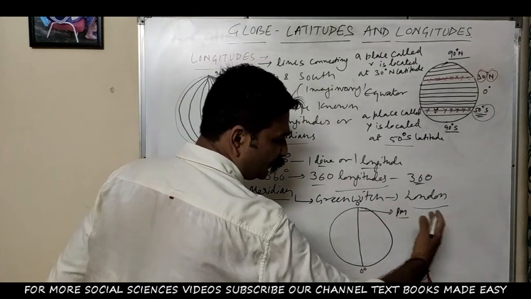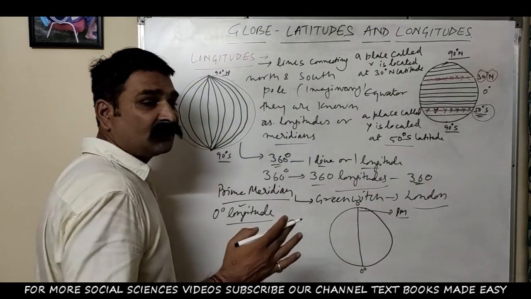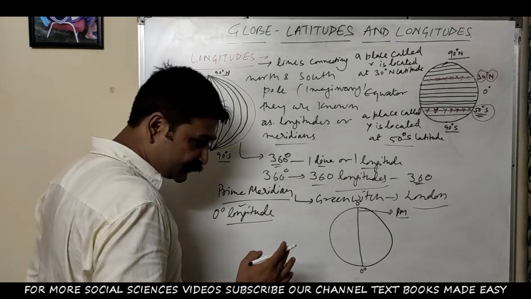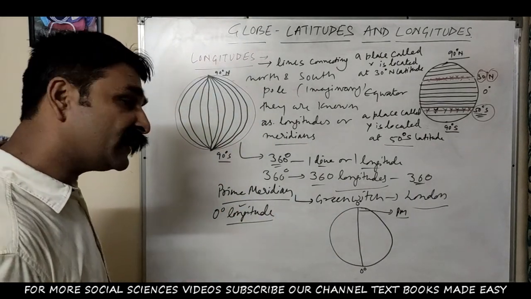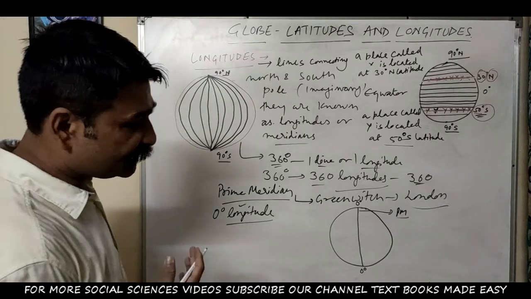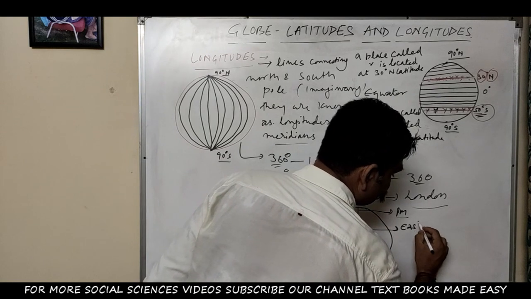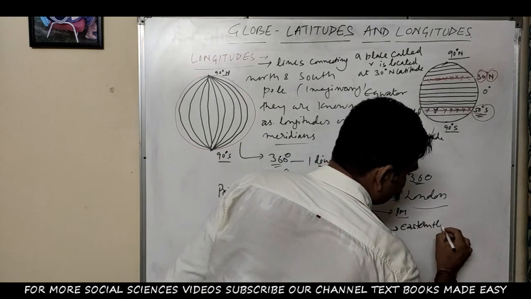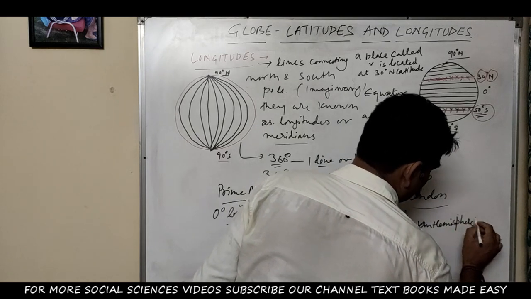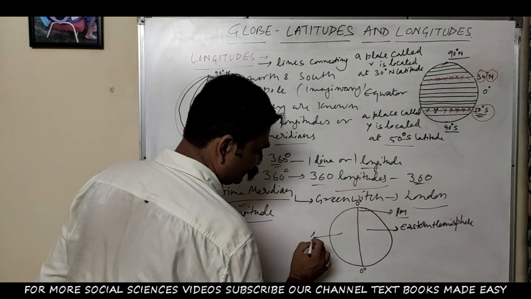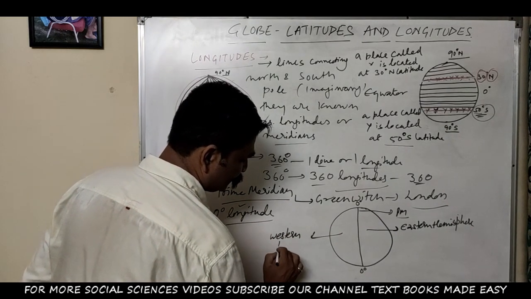So the portion of Earth towards the west of the prime meridian is known as the western hemisphere, and towards the east of the prime meridian it is known as what? Eastern hemisphere. So this portion will be known as eastern and this portion will be known as western.